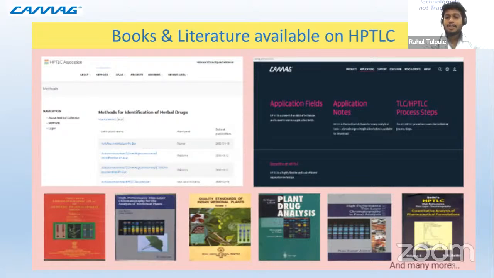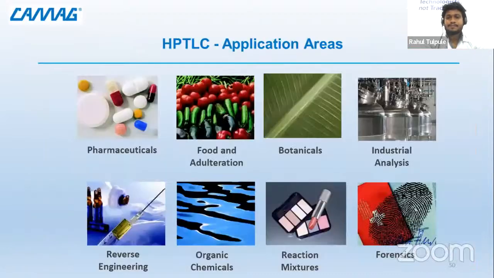There are different application notes from CAMAG for different herbal formulations, which help when you are going for an analysis. Similarly, there are some books given on the same. Then, talking about application areas, we have applications in pharmaceuticals, foods, botanicals, industrial areas, forensic, organic chemicals, reverse engineering, etc.